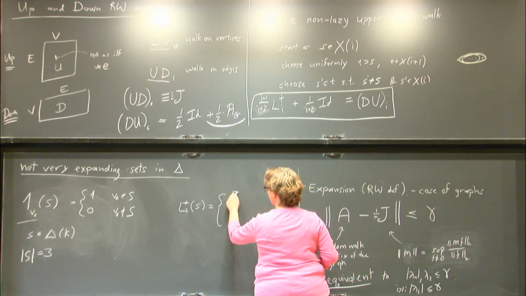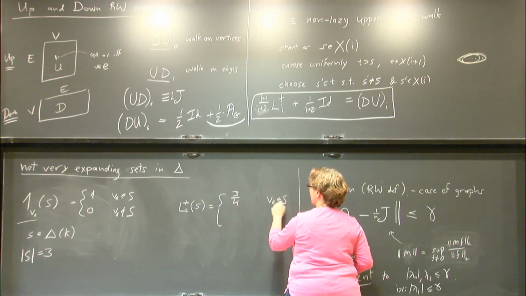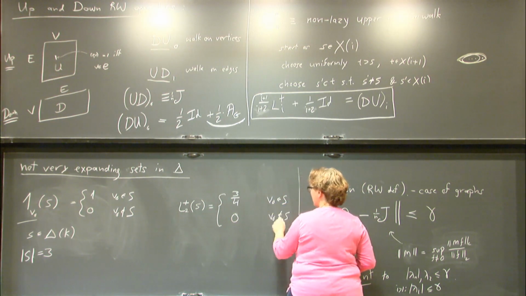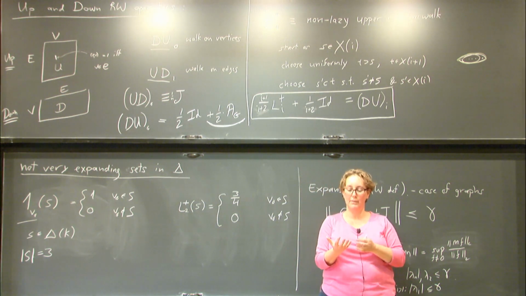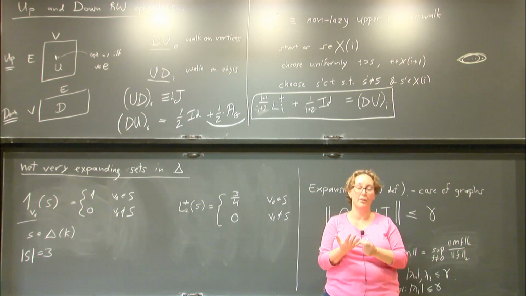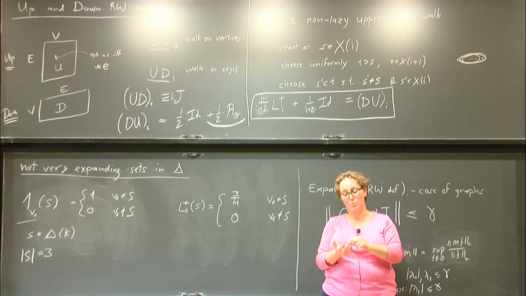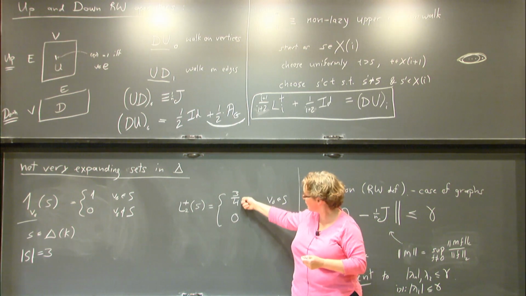So it's roughly 3/4 if v0 was in S, and roughly 0 if v0 was not in S. If v0 was not in S and you moved up, you got a 4-element set. What's the probability that v0 is here? It's almost 0, like 1/n. So that's why here it's almost 0 and here it's 3/4.